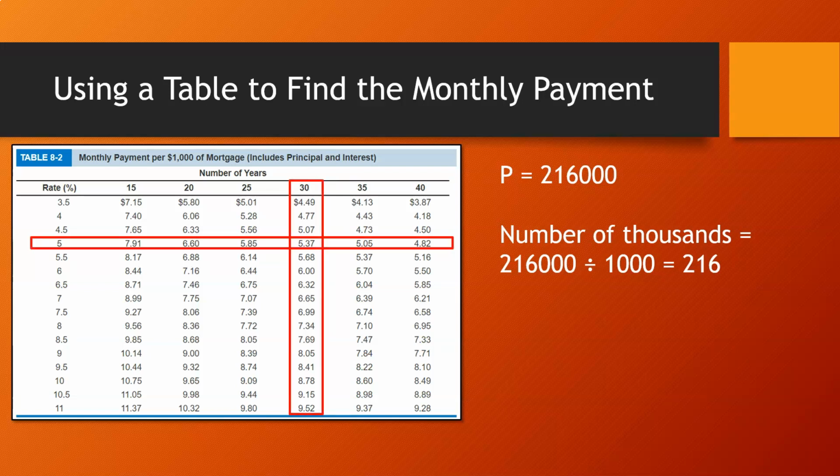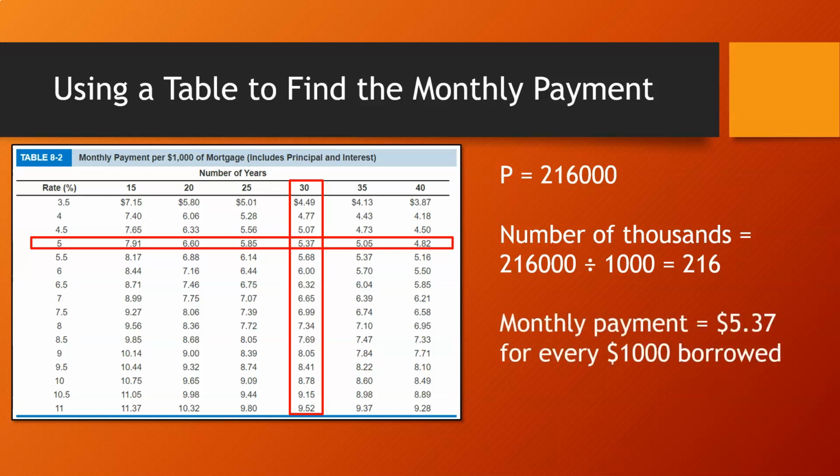Now the table will give us the payment per $1,000 mortgage if we know the interest rate, which we do, it's 5%, and the number of years, which we do, is 30 years. Where those two intersect is $5.37. So the monthly payment for every $1,000 that's borrowed is $5.37.